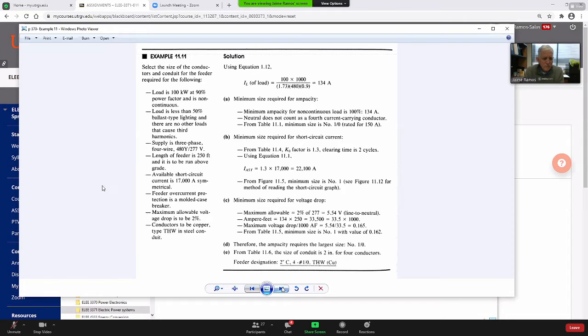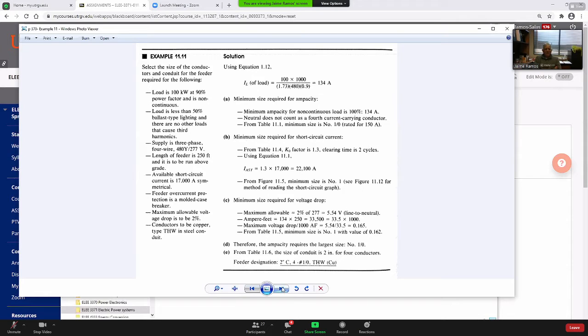Third, the supply for the length. Fifth, short circuit current is 17,000 amp symmetrical. Feeder overcurrent protection is a molded case breaker.